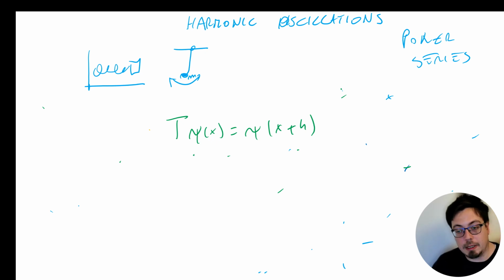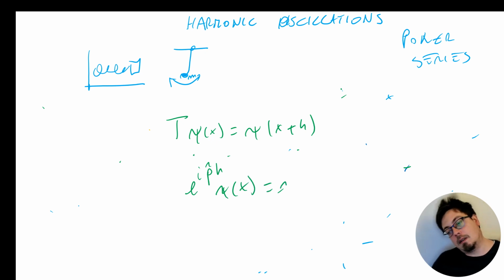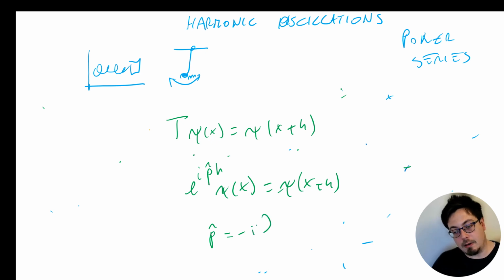And this can be written as e to the i p h over h bar applied to psi of x, giving psi of x plus h, where p is, we understand now, h bar d/dx.